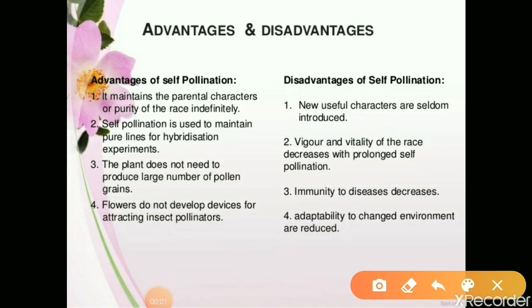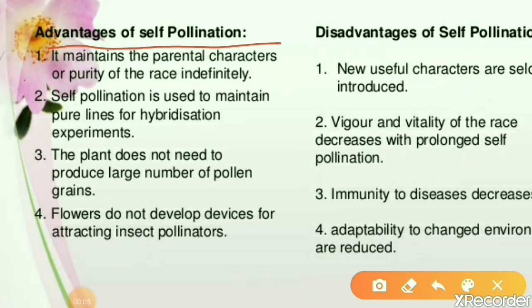Next we can learn what are the advantages of self-pollination and cross-pollination. First we can learn what are the advantages of self-pollination. Self-pollination maintains the parental characters or purity of the race.